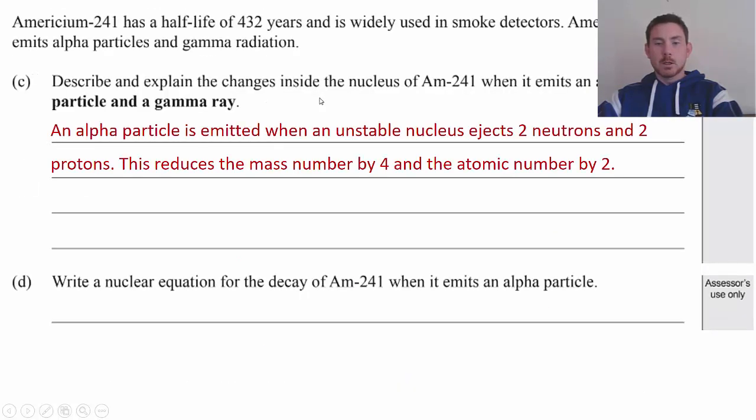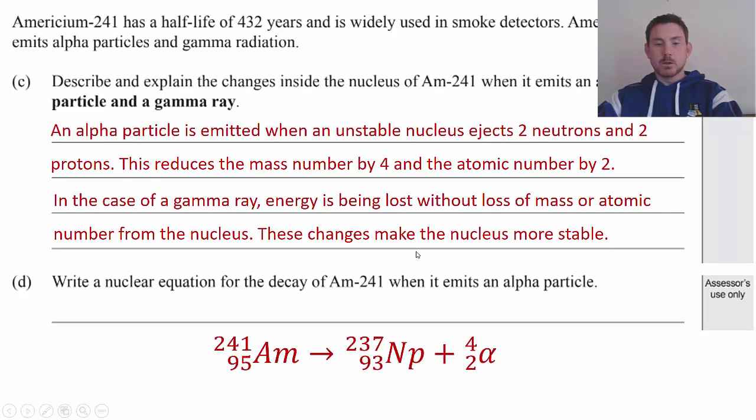And so coming back to our question here, we can identify that particle after the alpha decay of americium is neptunium. And for that answer, we'd be looking at an achieved.